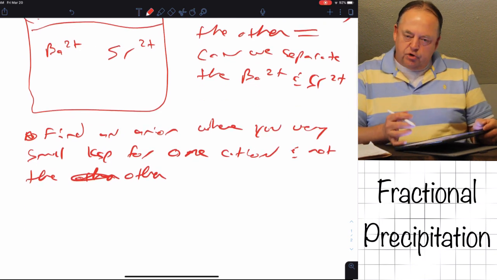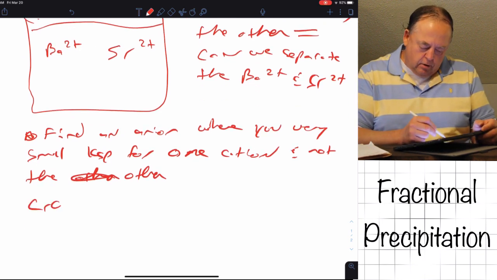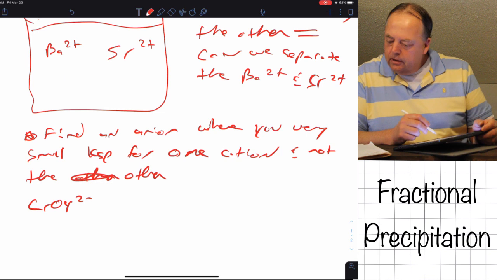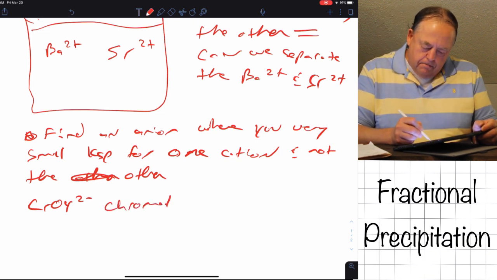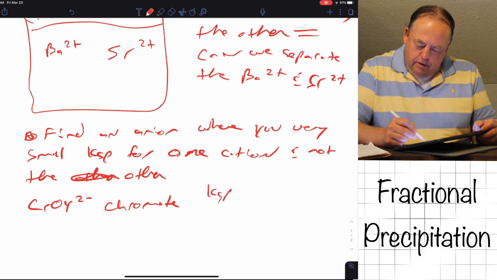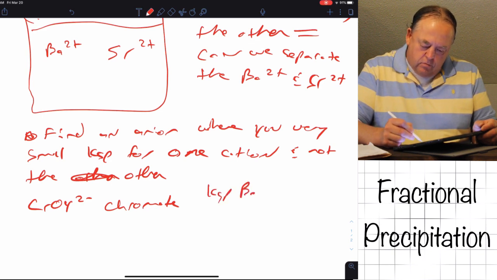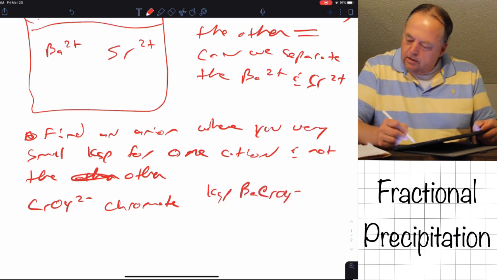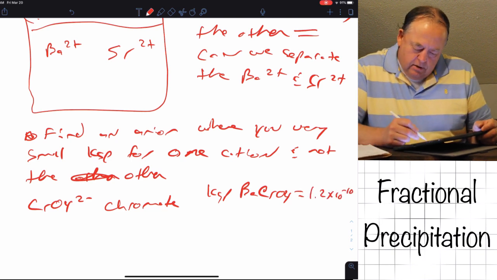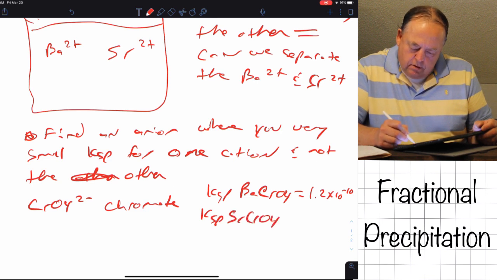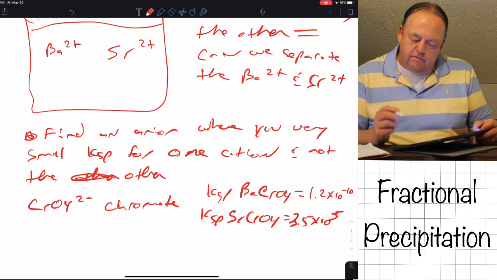So for barium and strontium, this would be CrO4 2-, so chromate. KSP for barium chromate is 1.2 times 10 to the minus 10. KSP for strontium chromate is 3.5 times 10 to the minus 5.